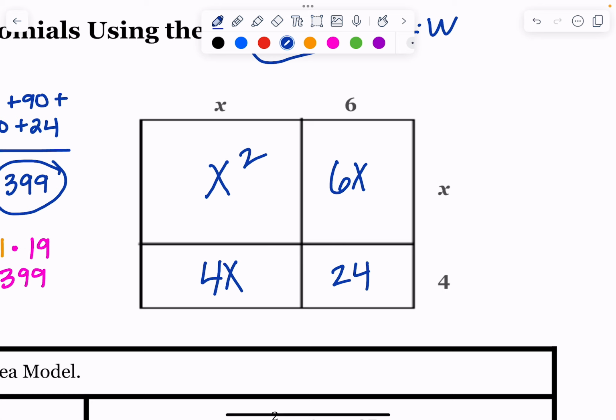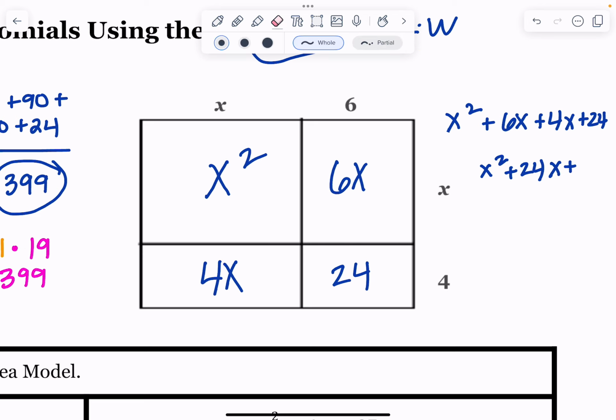So again, to get the area of the whole box, we would do x squared plus 6x plus 4x plus 24. And so that would be x squared plus, oops, I just messed up there, plus 10x plus 24. We're just combining these like terms.